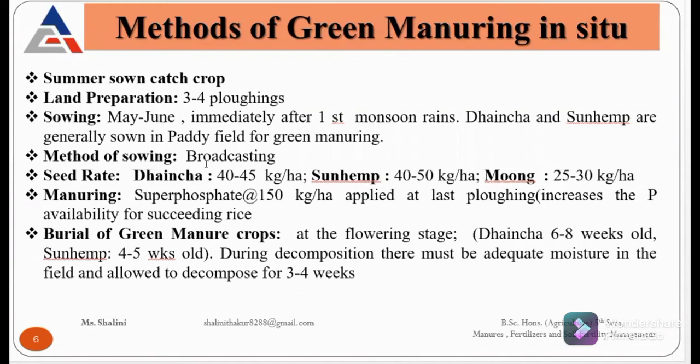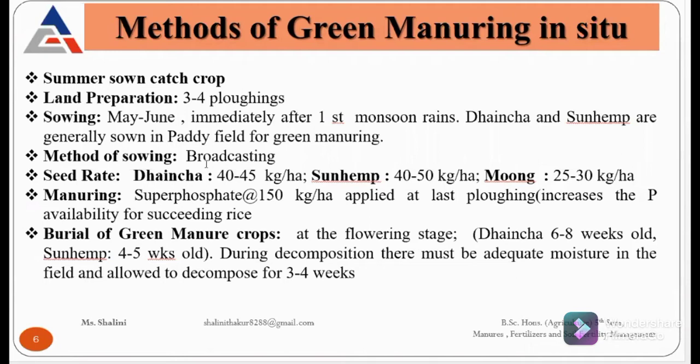In manuring, we use super phosphate at the rate of 150 kg per hectare, applied at the last plowing. It means if you are doing 3 to 4 plowings, you apply it at the third or fourth plowing, which increases the phosphorus availability for the succeeding rice.